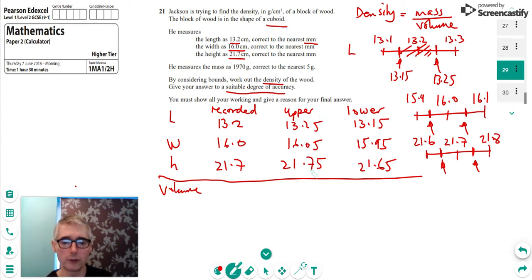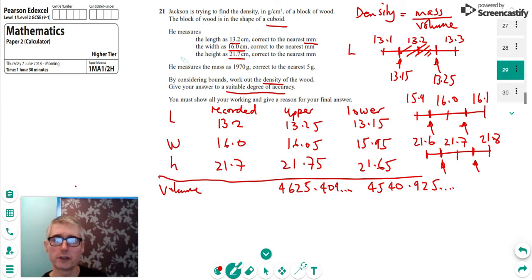We multiply all these together to get the upper value of the volume. If we do that, we get 4625.409 with a few more places after that. And for the lower bound, we get 4540.925, again with a few places after that.